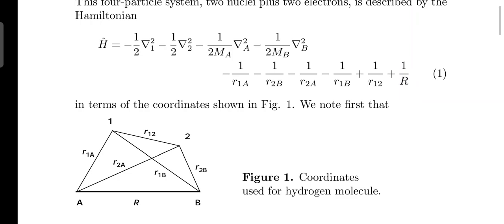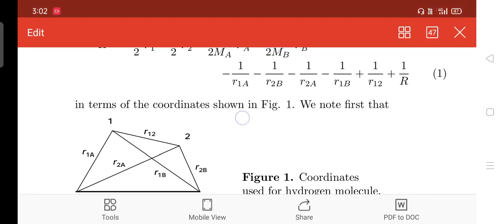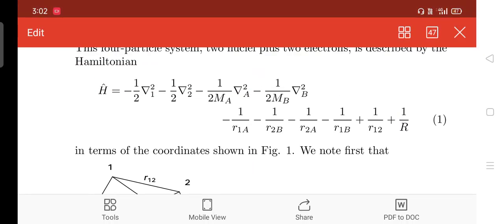Here we have written the total Hamiltonian as kinetic energy plus potential energy. The Hamiltonian is nothing but the energy operator. So we have written the total energy as the sum of kinetic energy and potential energy.